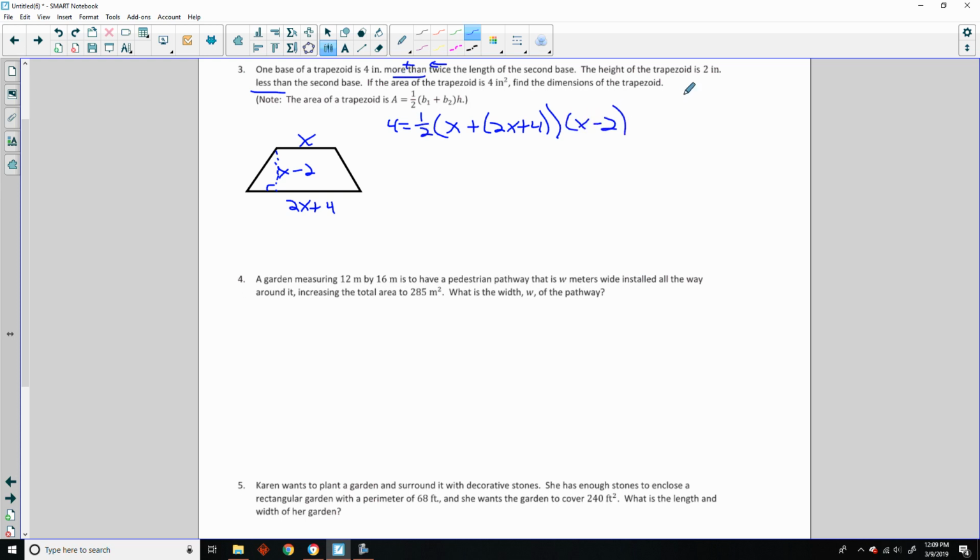So this might get a little confusing here. Let me use brackets instead. So this should be a bracket here. Let's do it that way. Okay. So now I'm going to simplify. Combine these. X plus 2x is 3x plus 4 times x minus 2. That's our height.